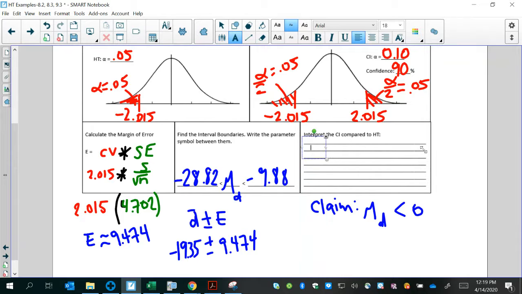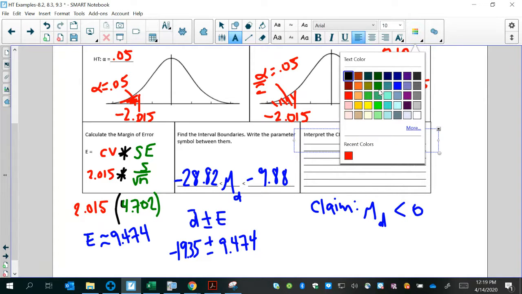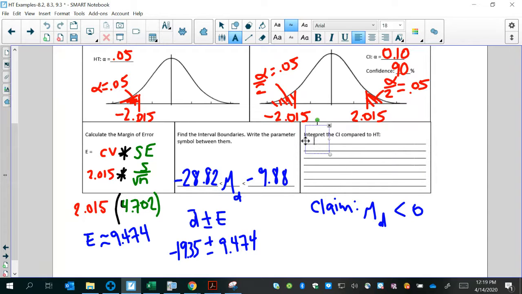What's going on with this? Oh, must have the wrong... Won't let me stretch it out the way I want. Maybe start over. That did not just happen.